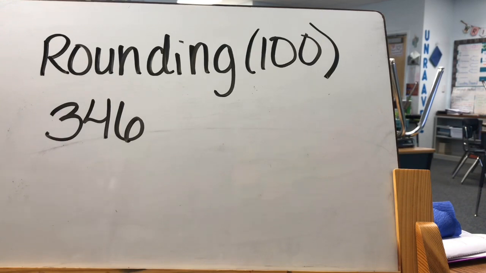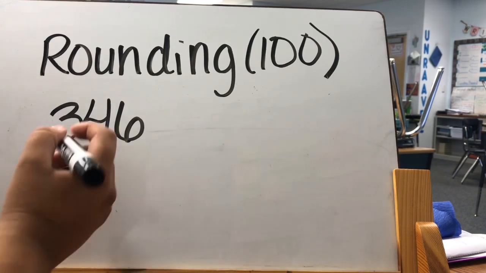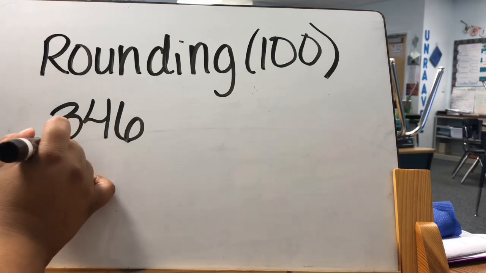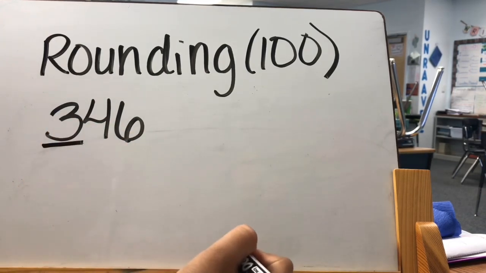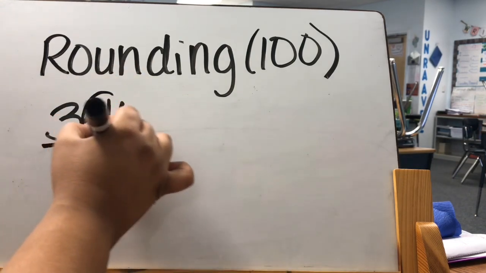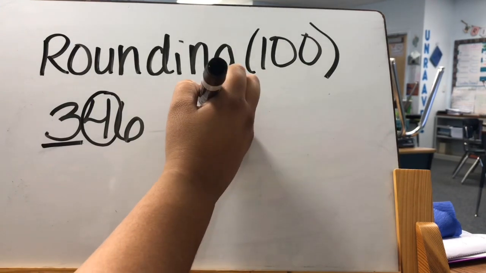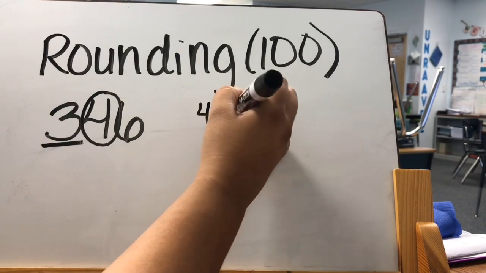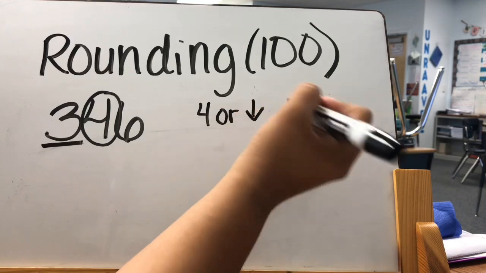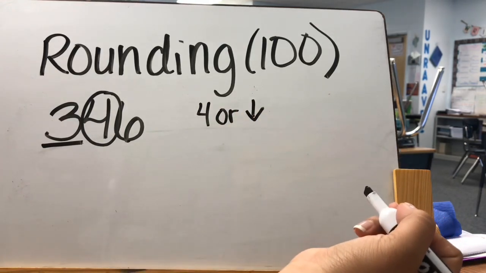Now we are going to be rounding to the hundreds value. We look at the value that's going to be rounded. I underline it. Then I look to the right and I circle the number that is to the right. Again, if the number is 4 or below, the number would stay the same.